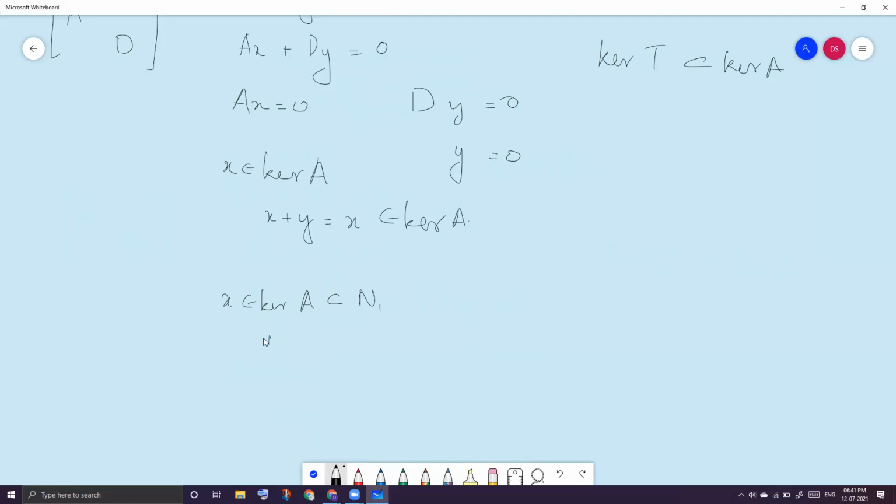So if you apply T to h, this is equal to Ah because it is in N1, and this is equal to 0. So again, h belongs to kernel of T. So kernel of A is contained in kernel of T. This is also clear. So kernel of A and kernel of T are equal. That is okay.